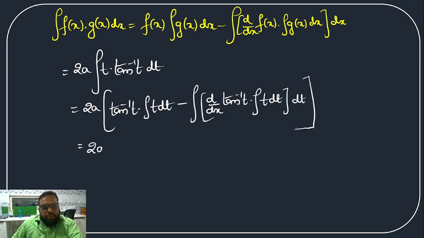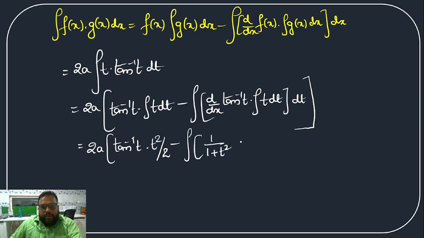So this becomes 2a into tan inverse t into t square by 2, minus integration of this and this part. When you go for the simplification, it will be 1 by 1 plus t square into t square by 2 dt, right?